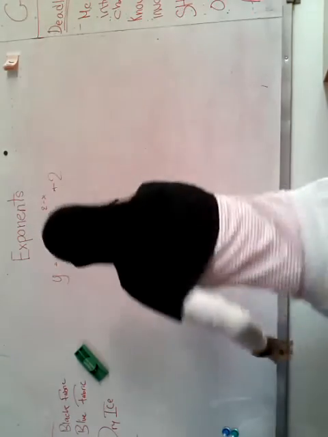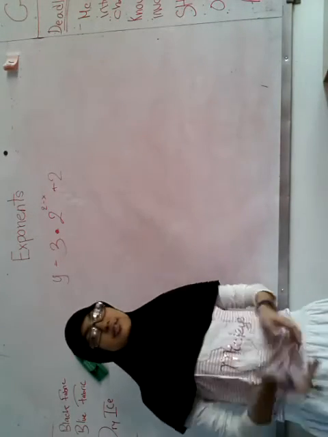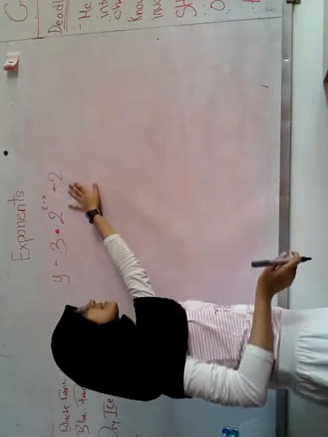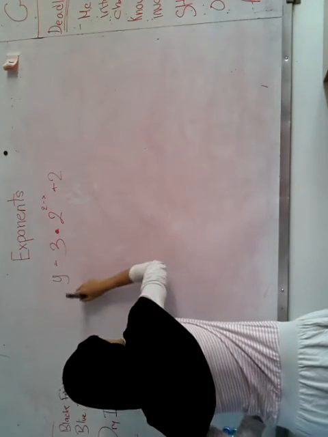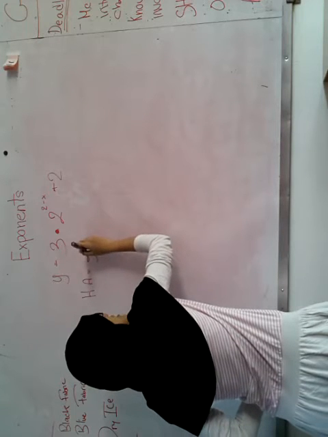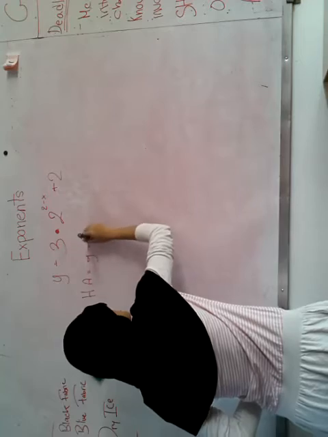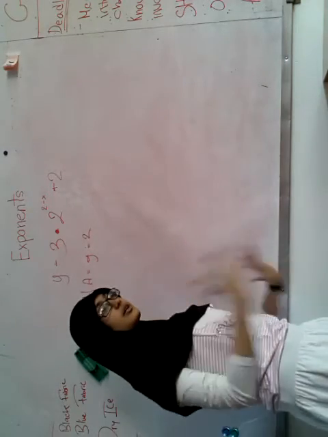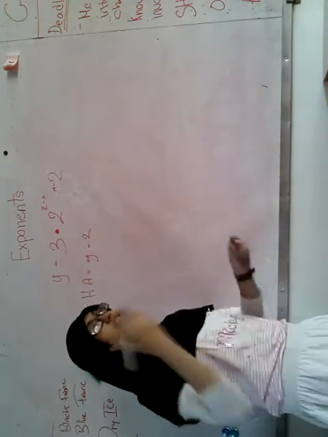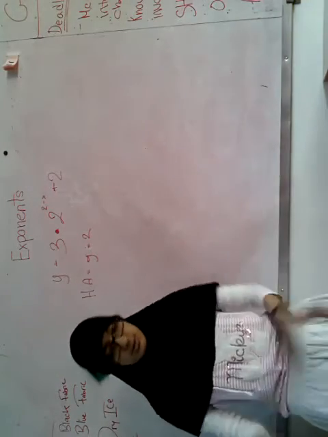And remember, the first step was to find the horizontal asymptote, and in this case it's plus 2. So you write HA equals y equals 2. The horizontal asymptote is equal to y equals 2.